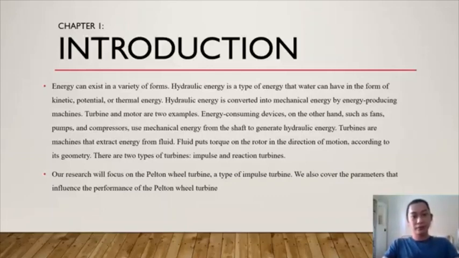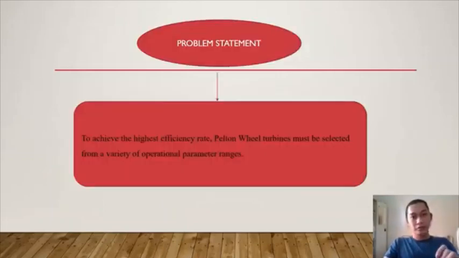There are two types of turbines: impulse and reaction turbines. Our research will focus on the Pelton wheel turbine, a type of impulse turbine. We will also be covering the parameters that influence the performance of the Pelton wheel turbine. The problem statement for this experiment is that we want to achieve the highest efficiency rate.